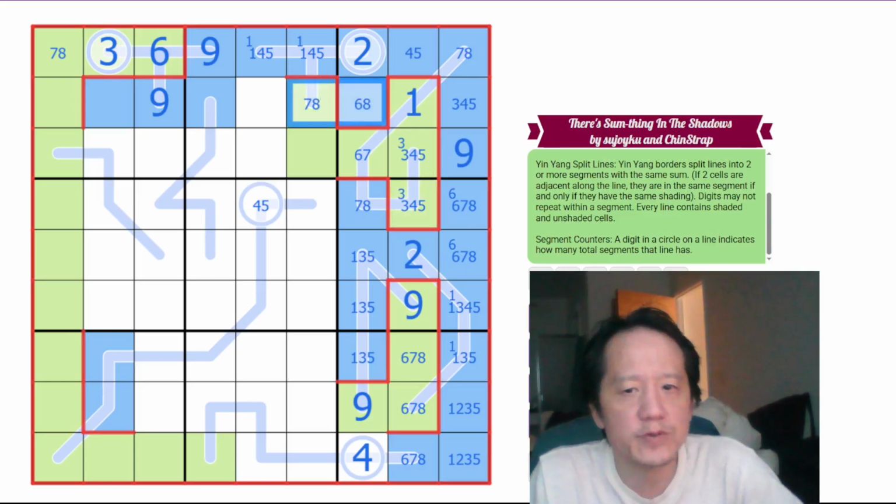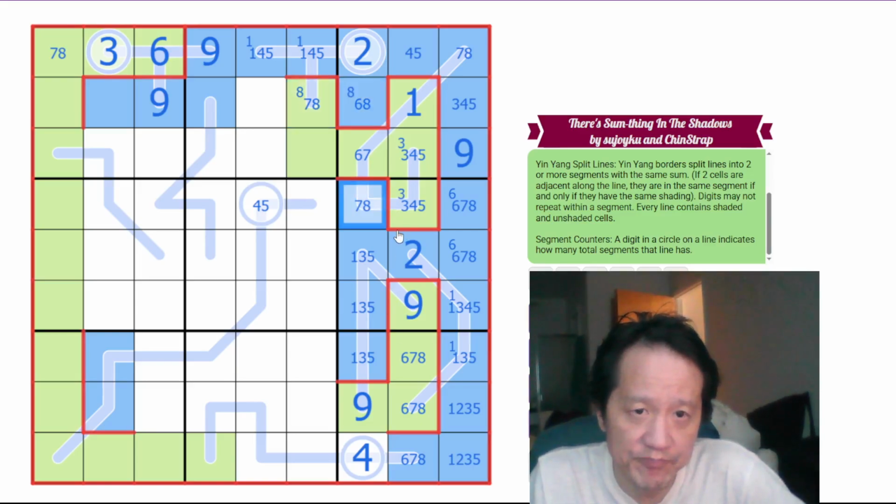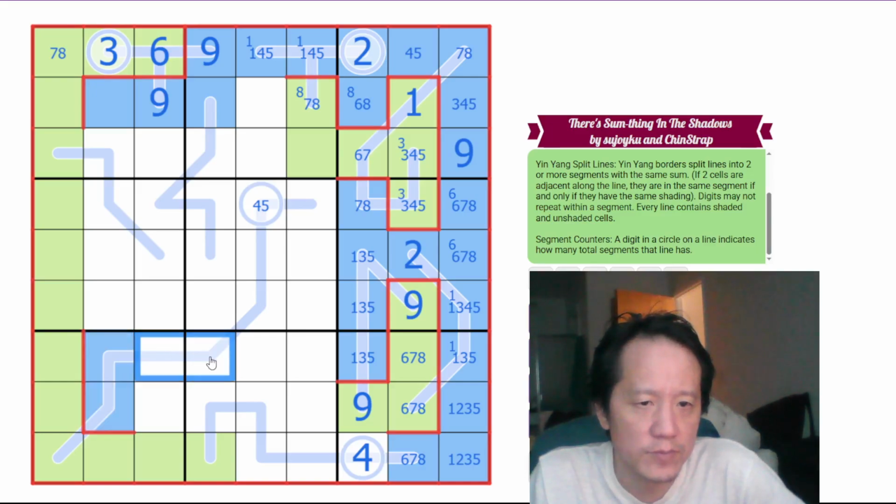So 8 has to be one of these 2 digits here. We're not sure which, though. Okay. Can this be 6 or something? 1, 2, 3.